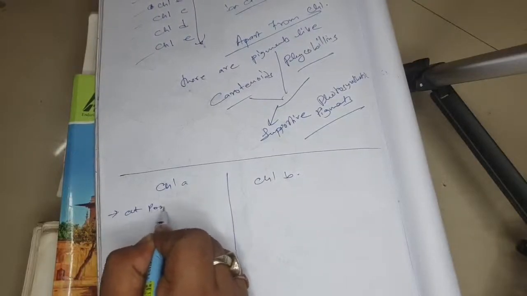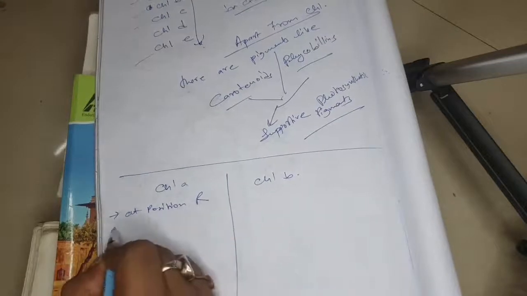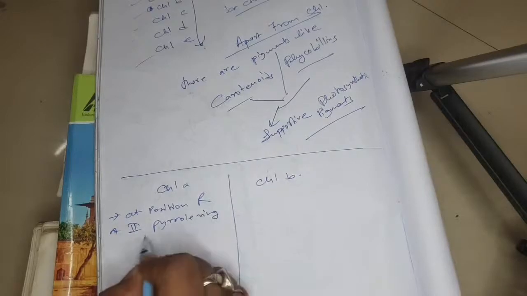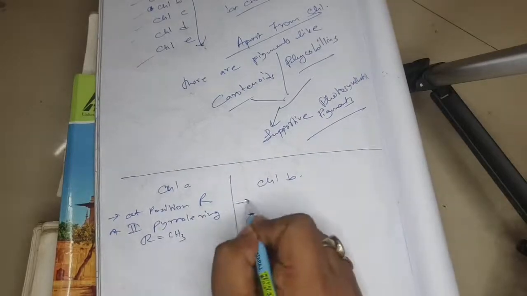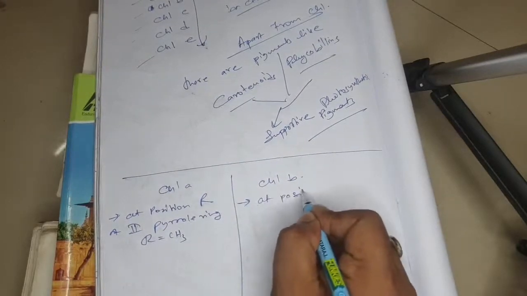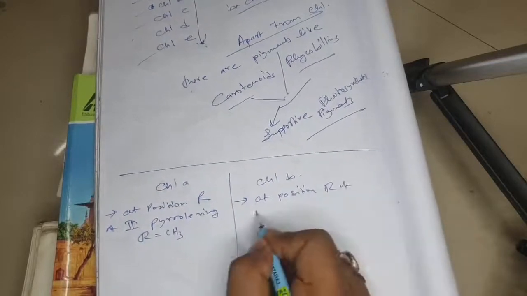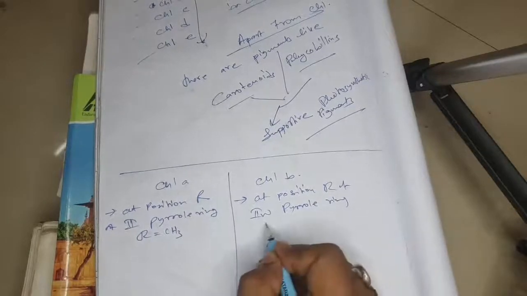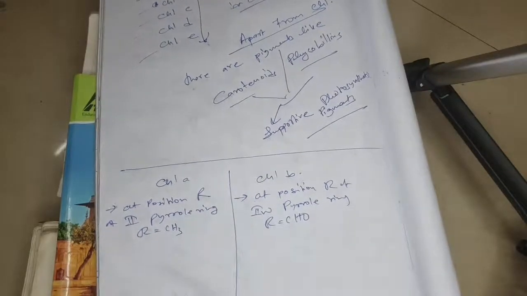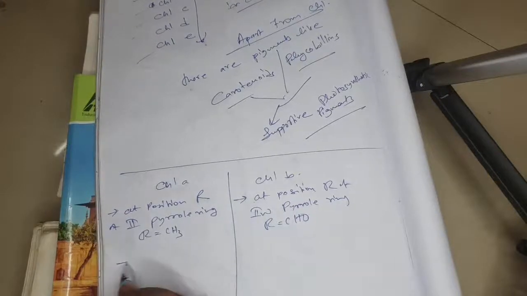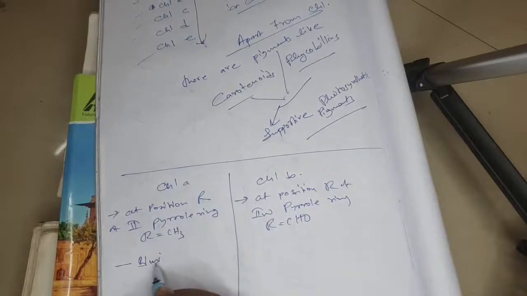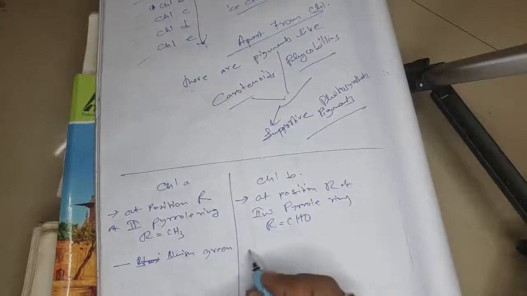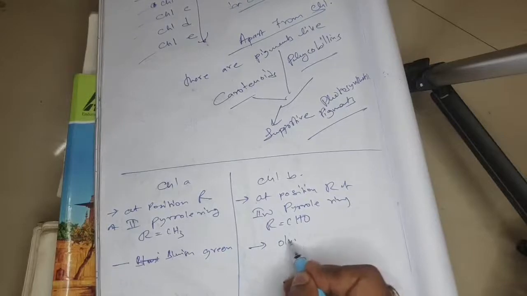At position R of the second pyrrole ring, R equals CH3 in chlorophyll A. At position R of the second pyrrole ring, R equals CHO in chlorophyll B. The color of chlorophyll A is bluish green, and the color of chlorophyll B is olive green.